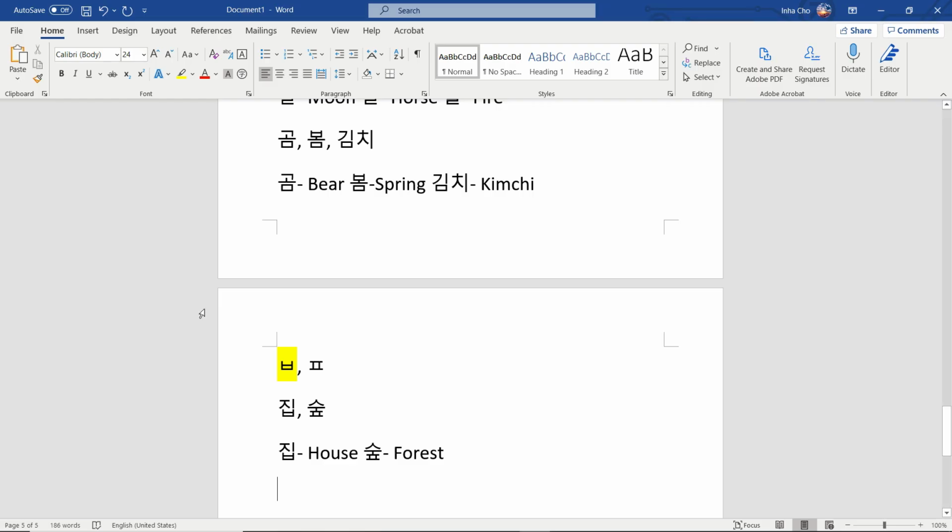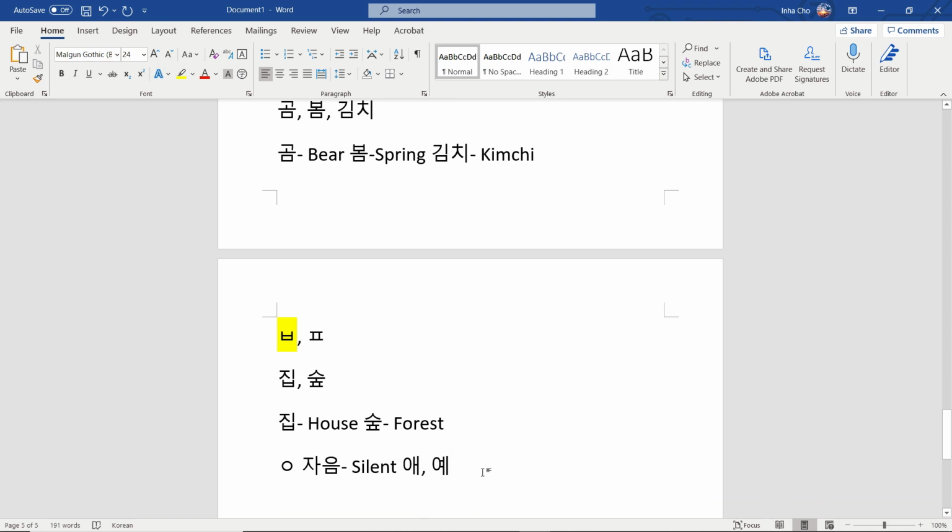Finally, you have 이응. Remember, 이응 as a 자음 is silent, which is why we use it for vowel-only syllables like 여. When we do that, we put 이응 on because it's silent, and it looks prettier when we spell it. So that's why we do that. But for 이응 as a 받침, it has a sound.